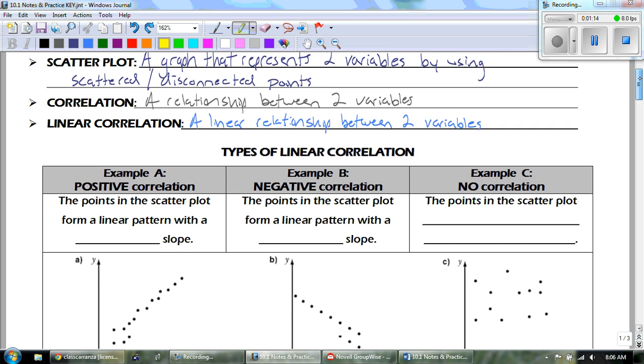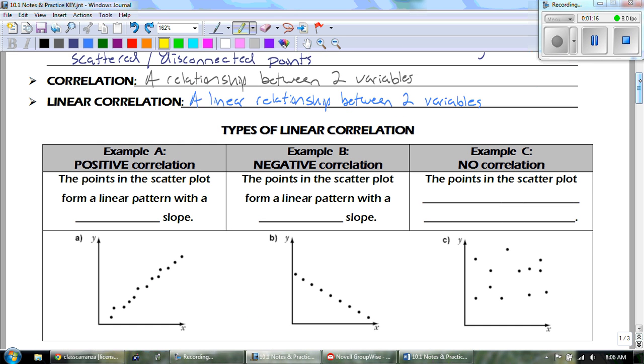Okay, let's go ahead and look at the types of linear correlation. So example A is a positive correlation. So the points in the scatter plot, so remember the scatter plot is the graph, the points form a linear pattern with a, see how it's going up? This is a positive slope.